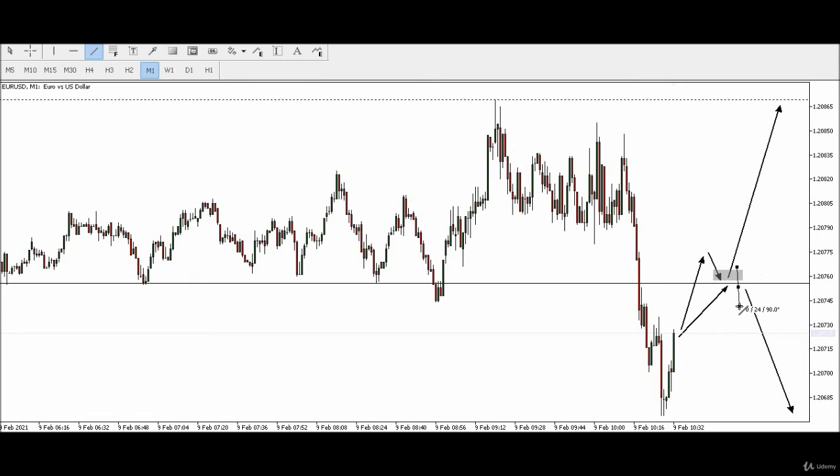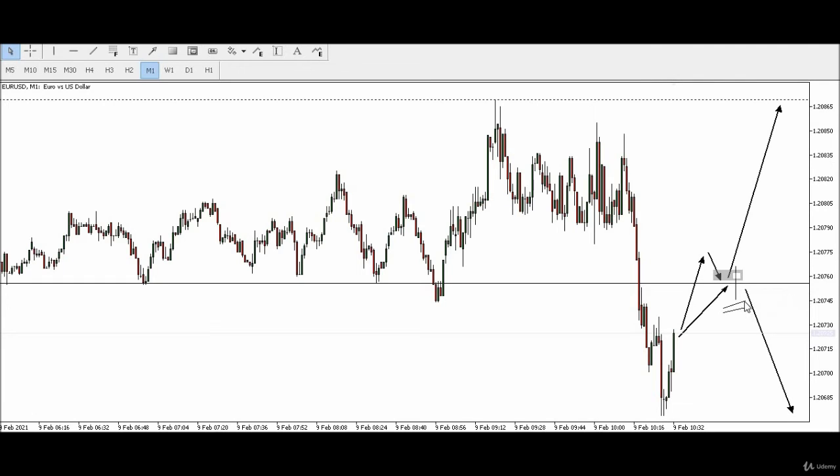So let's say the candle is like this, so the stop would be here. Like this. So stop loss, entry, and take profit somewhere here.